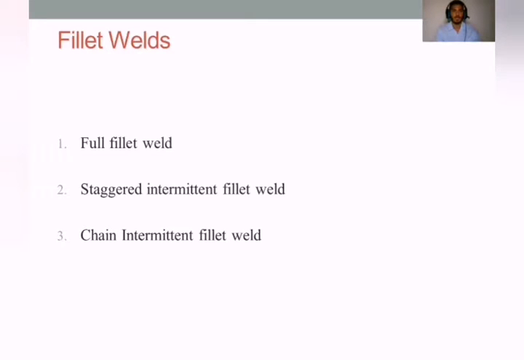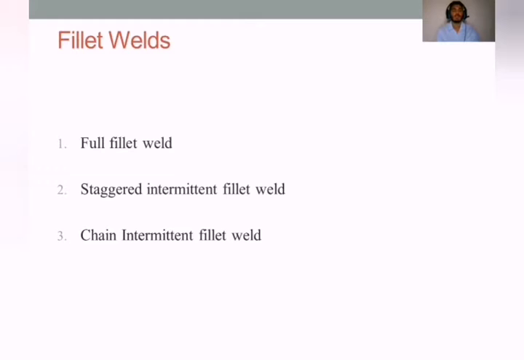Staggered intermittent fillet weld refers to two lines of intermittent welding on a joint. An example is a T-joint where the fillet increments in one line are staggered compared to the other line.